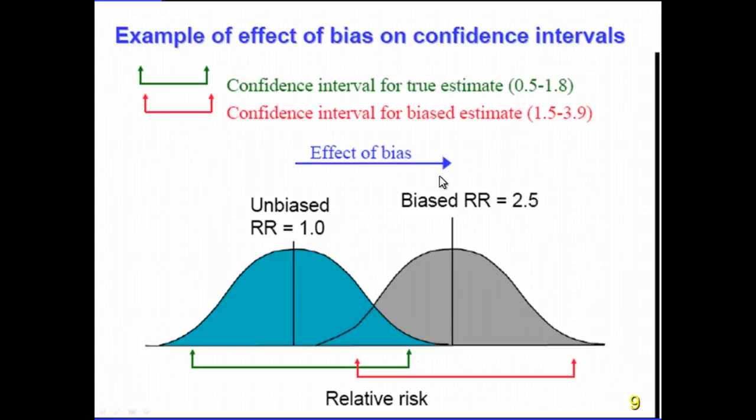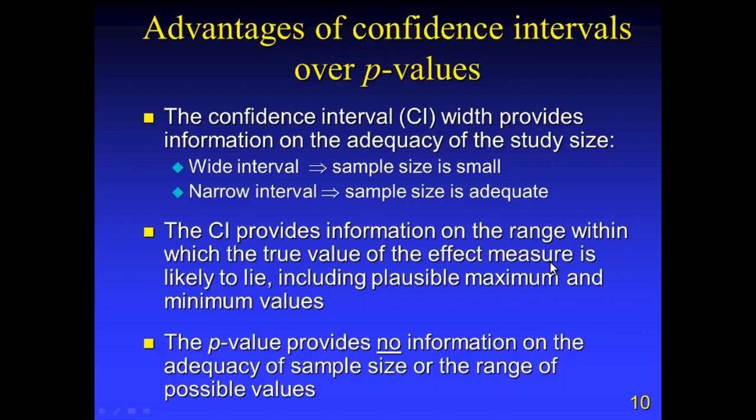So not only does bias have an impact on confidence intervals, it has a corresponding influence on p-values, which are really determined by the study estimate of the relative risk in relation to the null distribution. So you've dragged it in that direction, so it's gone way past the critical p-value, and your p is very low. So don't forget that bias has a big effect on p-values and confidence intervals.